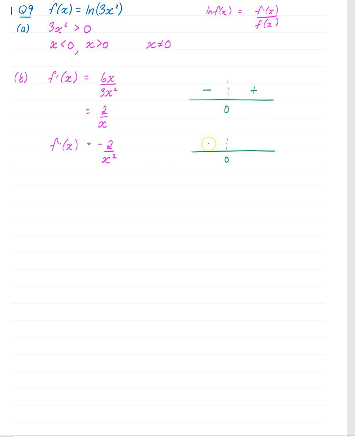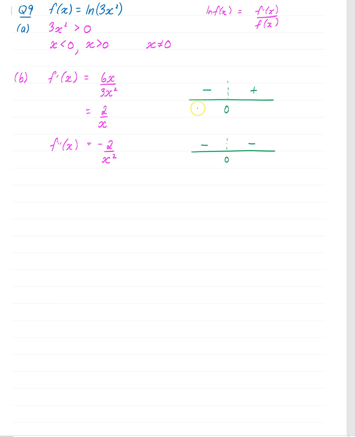And with this, no matter what value we choose for x, 10 squared is positive, but then we're saying minus 2 divided by that, so that's always going to be minus. Similarly, for a negative number, square it, you get positive, that will also be minus. What does that mean graphically or geometrically?